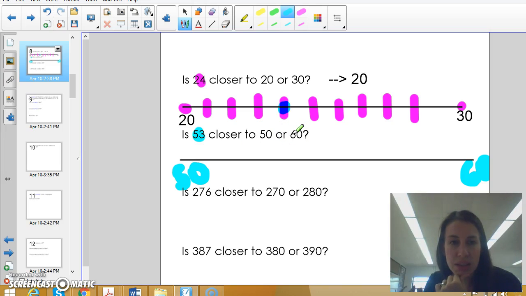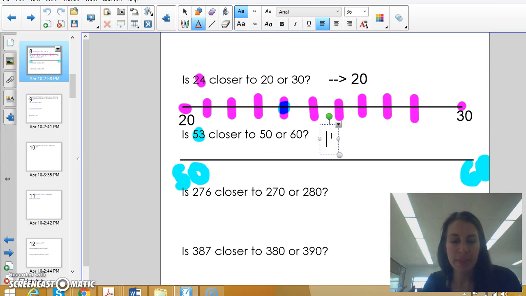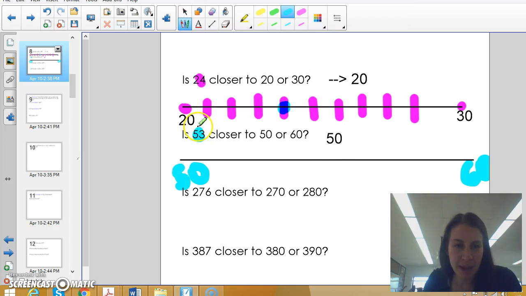Which is the closest? If you said you'd head back to gas station 50, that's a smart choice. Because if we look at this number and we look at the tens, and then we look at the ones, the 3 here tells us we're closer to 50. So head on back to 50 and get your gas there.